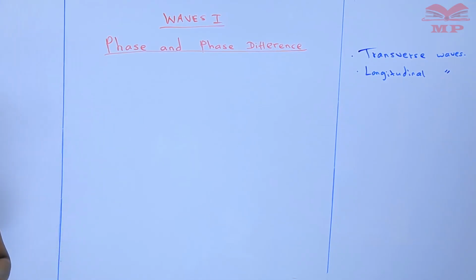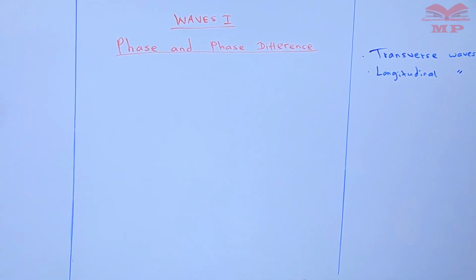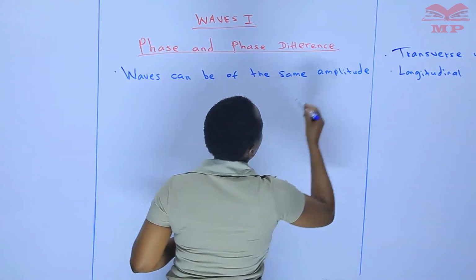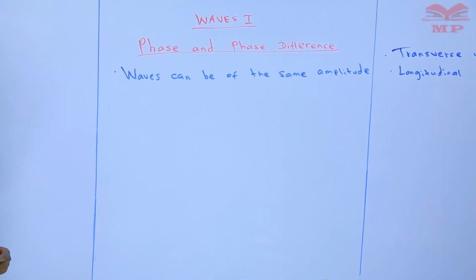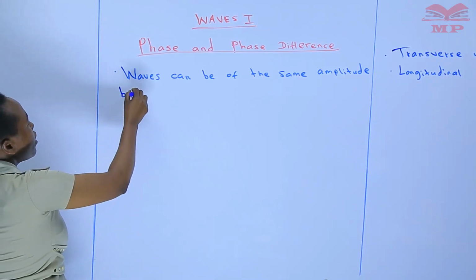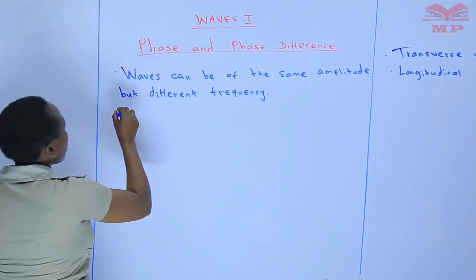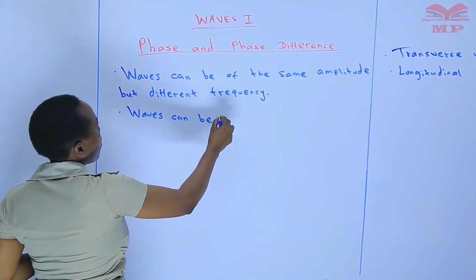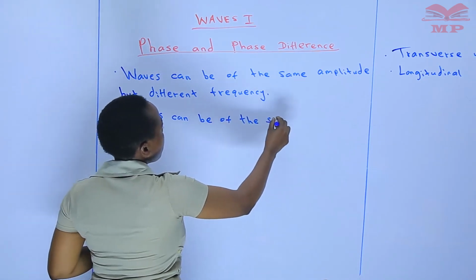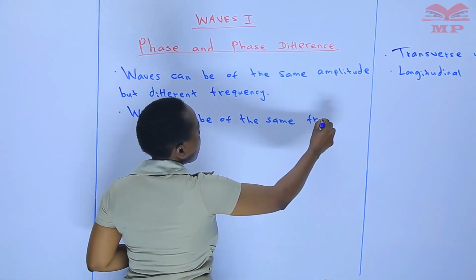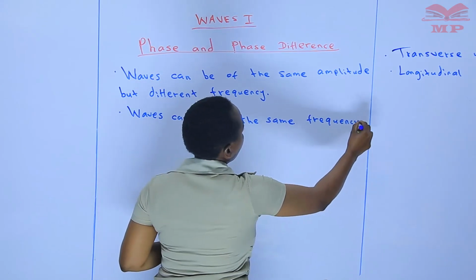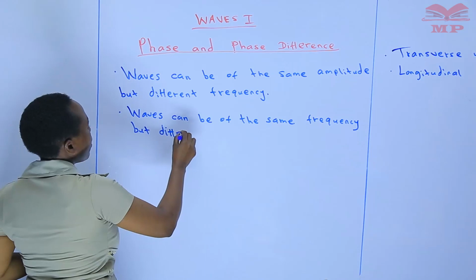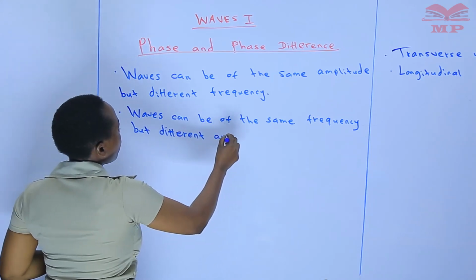So to start with, we can say that waves can be of the same amplitude but different frequency. Or we can also say that waves can be of the same frequency but different amplitude.